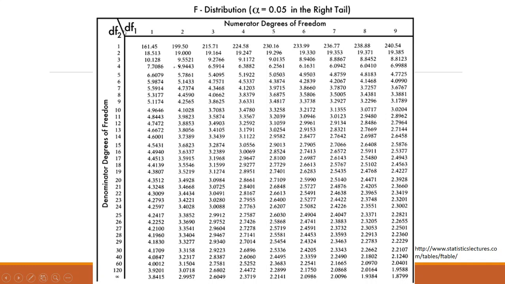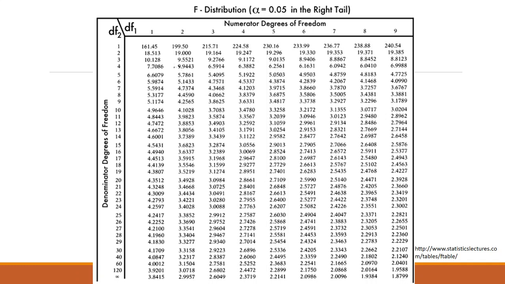The way the F table works is you take your F statistic. Let's say, I'm just going to make up a number, our F statistic is 3.2. So what we're going to do is find the degrees of freedom for our numerator. We said the degrees of freedom was 2. And the degrees of freedom for our denominator, that's n minus k minus 1.